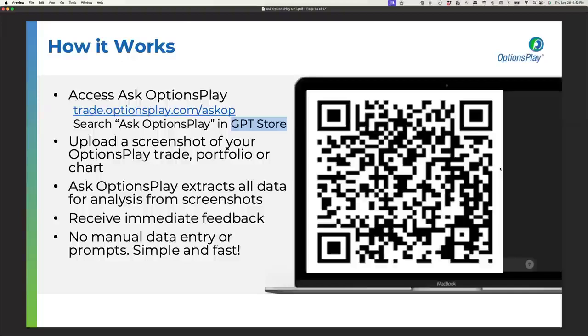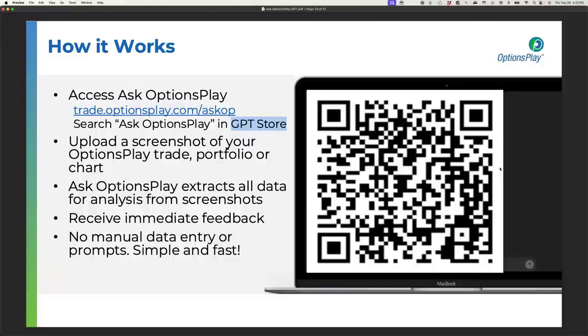Now, right now, you can only access this through ChatGPT. We are working on bringing this directly into the Options Play platform so that you can interact with this trading assistant directly on your Options Play platform. Like I said, this is something that we've worked on in the past couple of months.